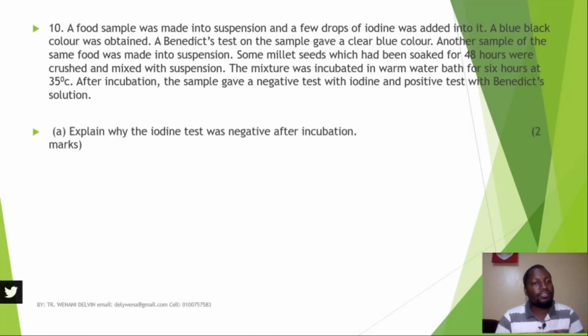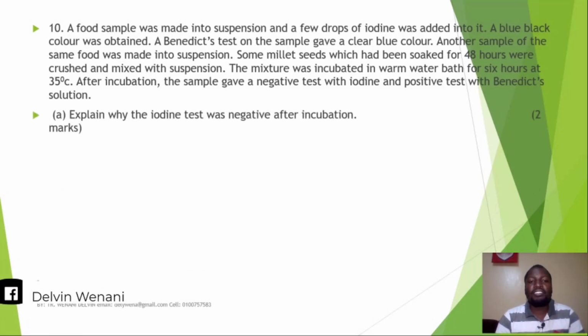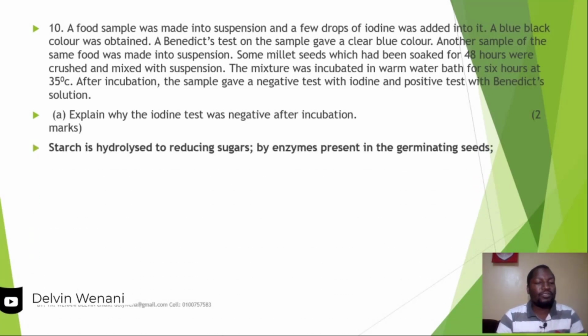So, question number 1. Explain why the iodine test was negative after incubation. The answer is very simple. Starch was hydrolyzed to reducing sugars by enzymes present in the germinating seeds. The germinating seeds have enzymes, and therefore they act as catalysts, so there will be hydrolysis of starch to reducing sugars.